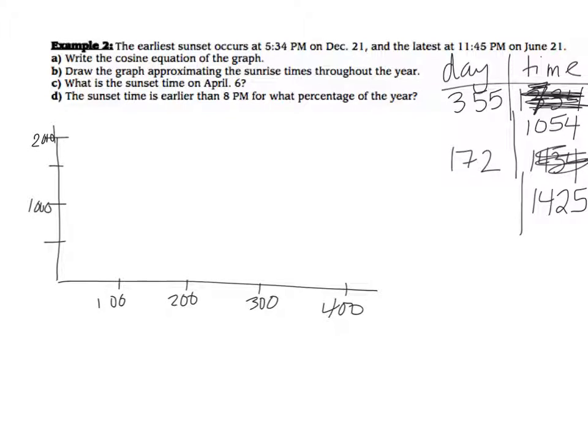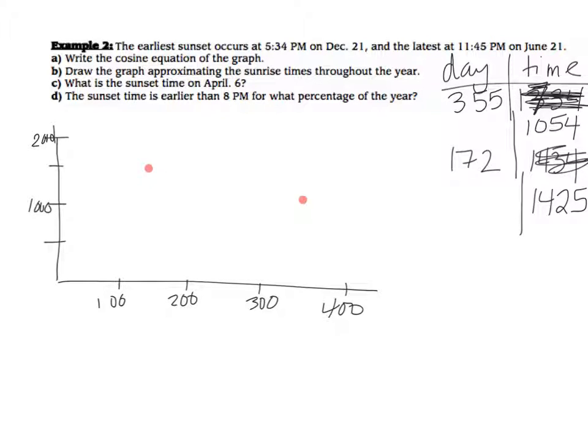So when I go to plot the points, I go to day 355 and 1054, and then 172 and 1425, and all I end up with is that. That's the only information it gives us, right?